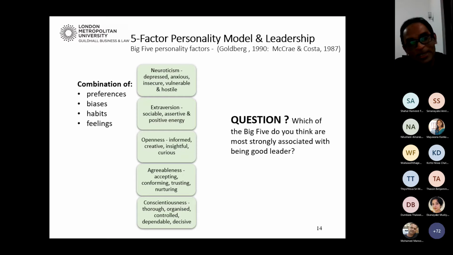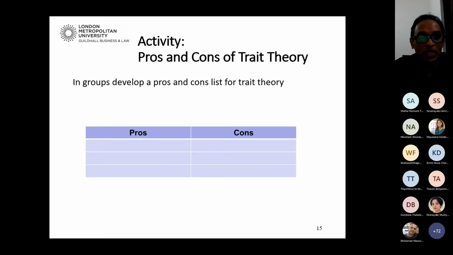Yeah, you are correct. The type has to be extraversion. So there's a learning here. Why? Leadership is about something to do with people. So if you are not happy being with people, right? How can you be a good leader? So there's a learning here. If you want to be a good leader, you have to develop your people skills, right? So this is what we are learning out of this whole thing.